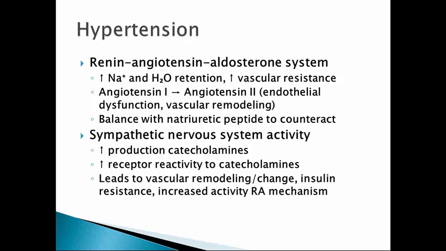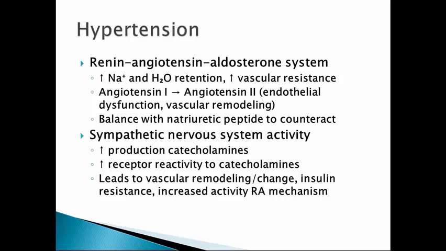We're looking at both volume as well as vascular resistance. When renin comes from the juxtaglomerular apparatus, and under the influence of renin and aldosterone, you will facilitate the retention of both sodium and therefore water, as well as increase that resistance.